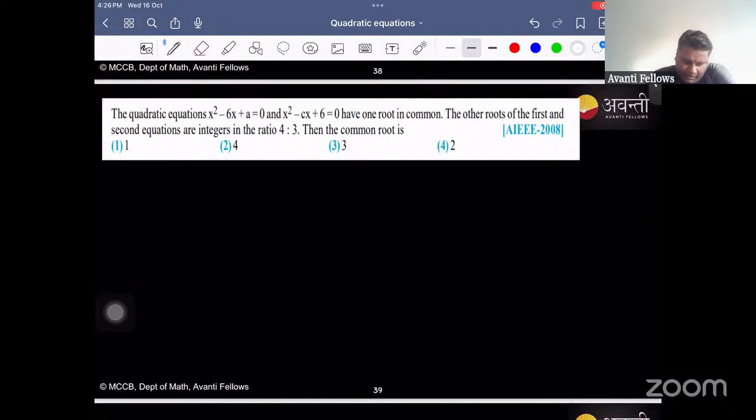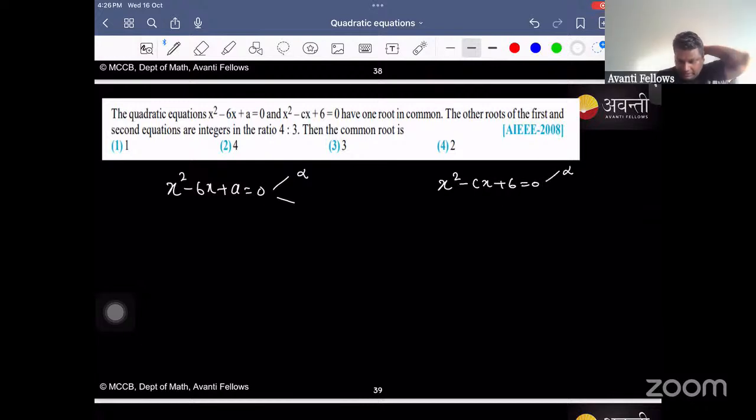Now, see, the quadratic equations x square minus 6x plus a and x square minus cx plus 6 have a common root, and the other roots of the first and the second. Now, let us assume the quadratic equation x square minus 6x plus a equals 0 has roots alpha and another root. And x square minus cx plus 6 equals 0 has root alpha.